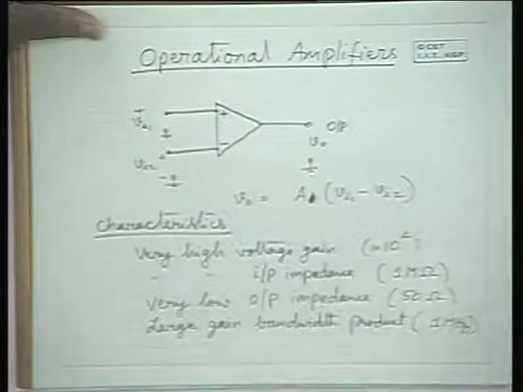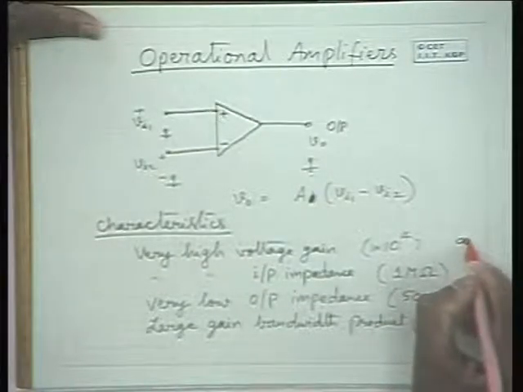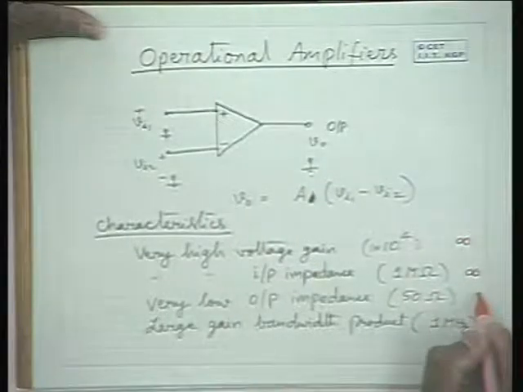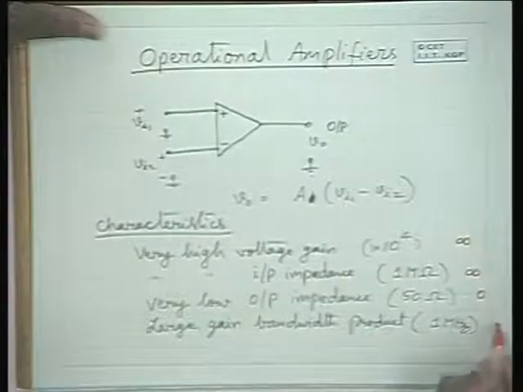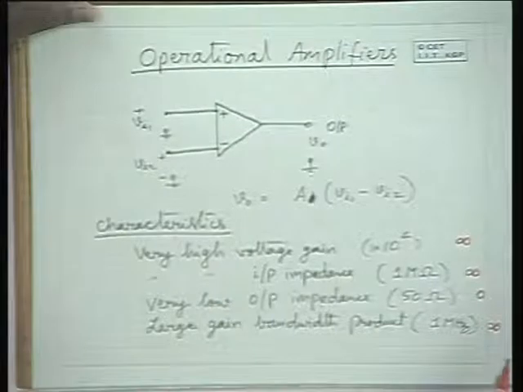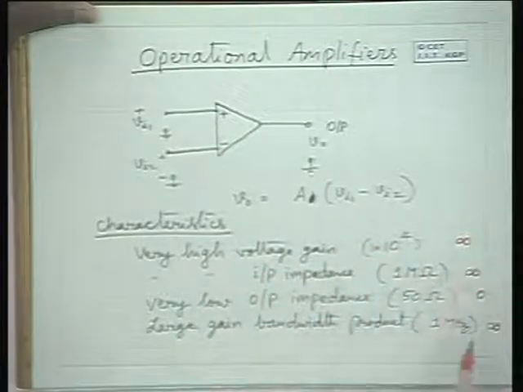Ideally, we want the voltage gain to be infinity, input impedance to be infinity, output impedance to be 0, and gain bandwidth product to be infinity. But practical circuits do provide something much lower than this.